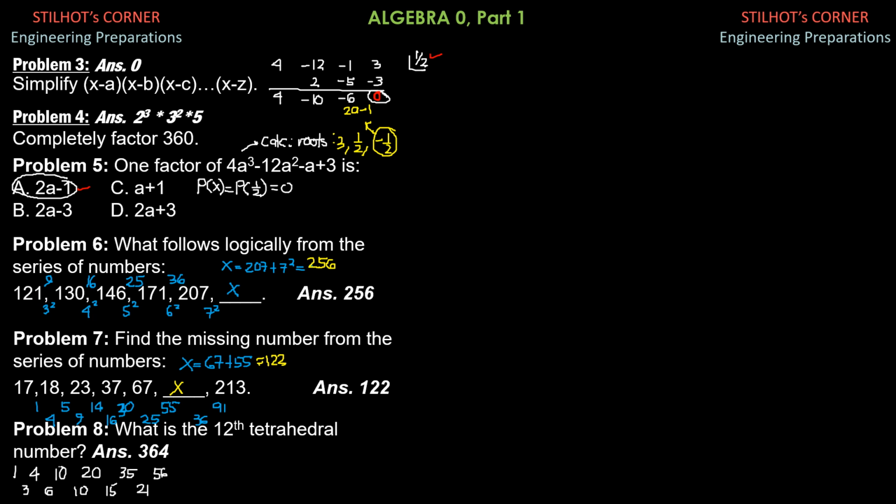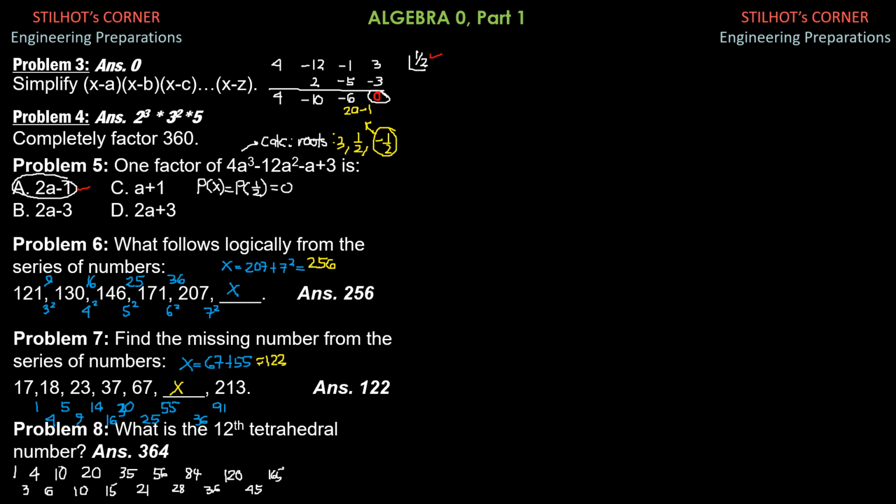And the next triangular number is 28. 56 plus 28 is 84. Then the next triangular number is 36. 36 plus 84 is 120. Then next is 45. So 120 plus 45, 165.